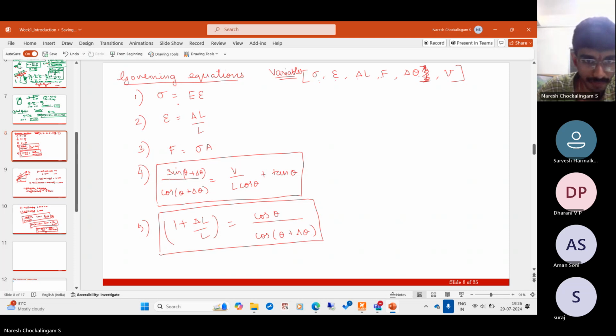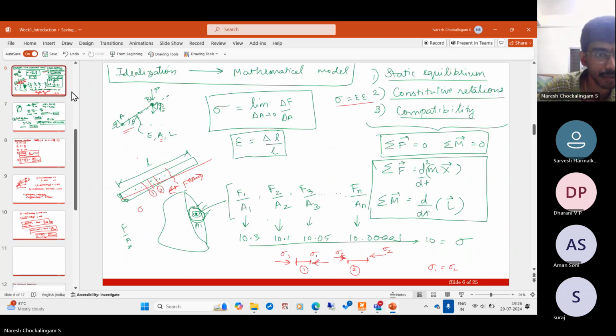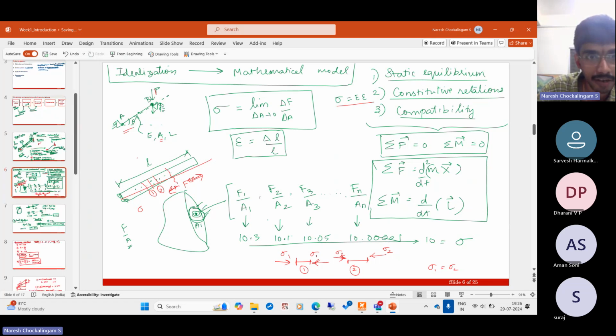If you look at the original problem, you need a relationship between this P and V. So you take one of them as an unknown, and the other comes out as an output, right? So this is a structural system.